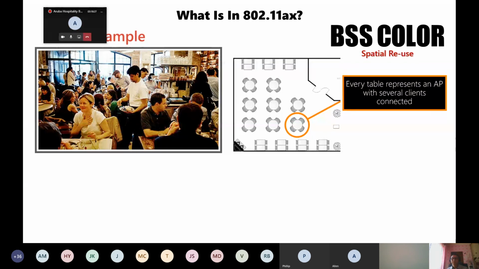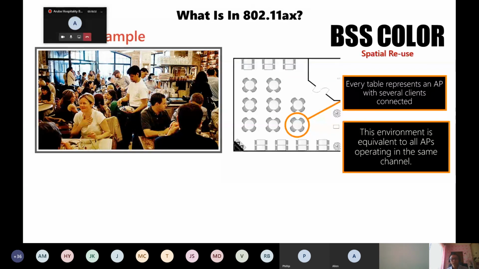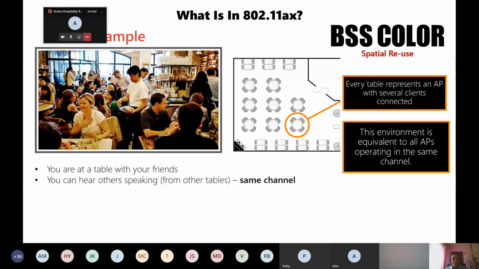And this environment would be equivalent to all the APs operating in the same channel. Why? Because you can hear every other table. So if you're at the table with your friends, you can hear others speaking because they're all on the same channel. And that is exactly the kind of scenario that we face when we have all the APs operating in the same channel, when you configure them on one channel.